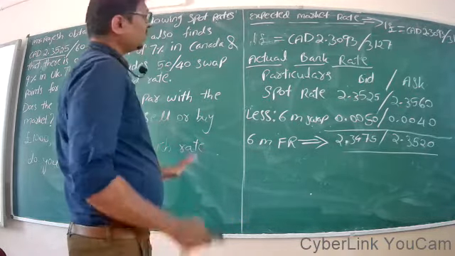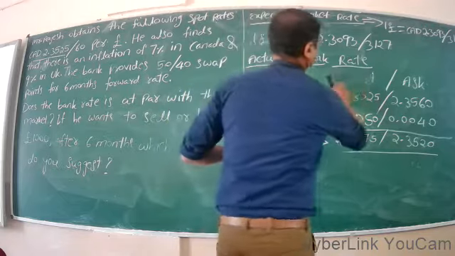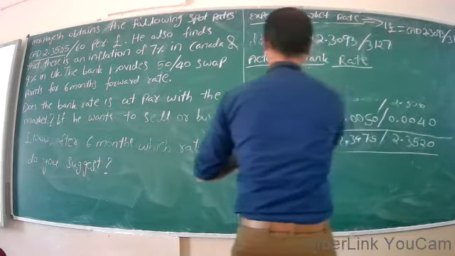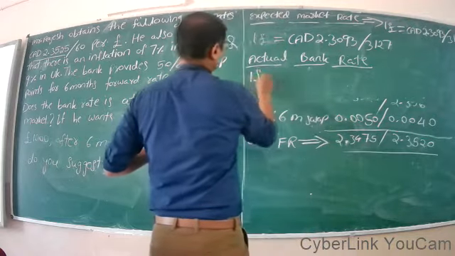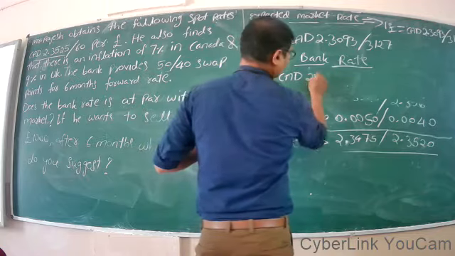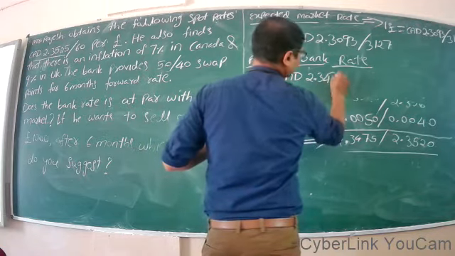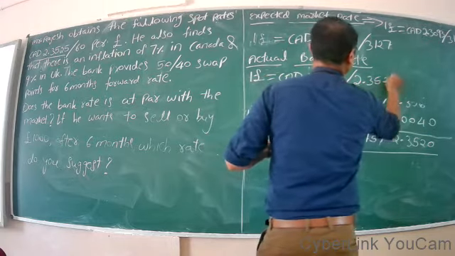Now the actual bank rate we have calculated is 1 sterling pound equals Canadian dollar 2.3475 / 2.3520.